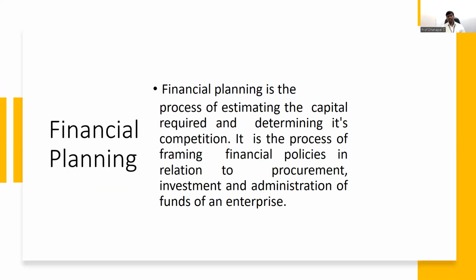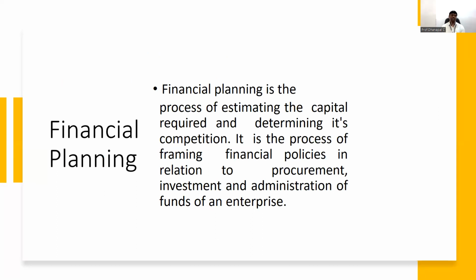Financial planning is the process of estimating the capital required and determining its composition. So in basic financial planning, we have to estimate the capital requirement for our business, and then determine its composition. Then it is the process of framing financial policies in relation to procurement, investment, and administration of funds of an enterprise.